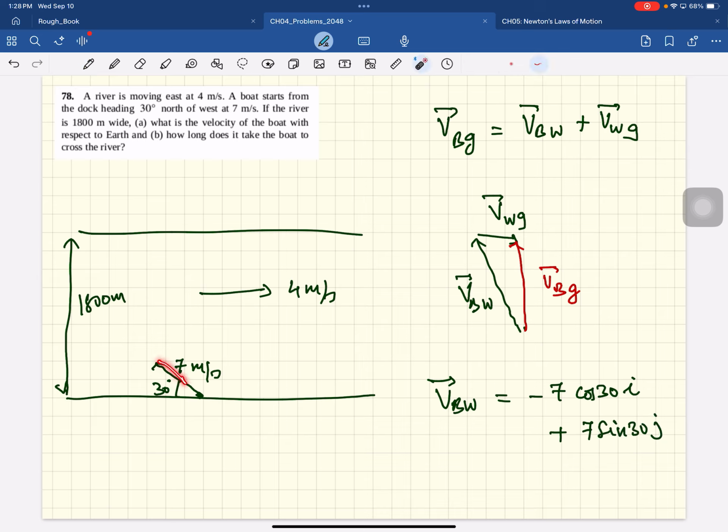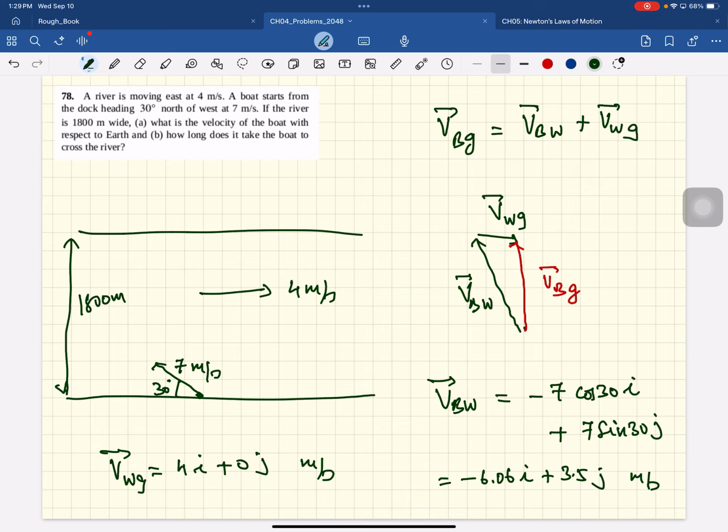Okay, this vector is that. And the velocity of water with respect to ground is just 4i plus 0j. So now we're going to add the two vectors.